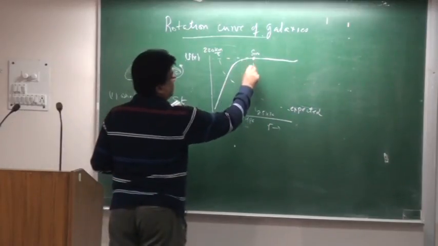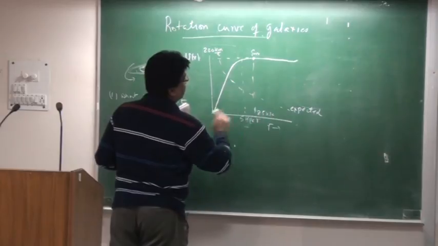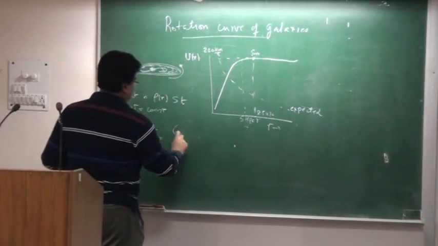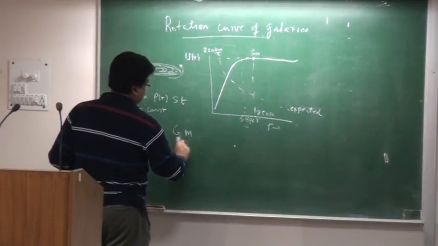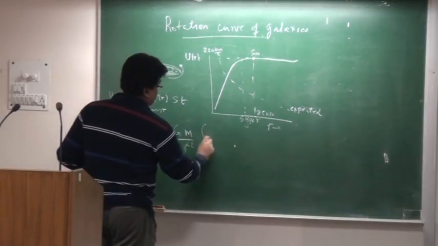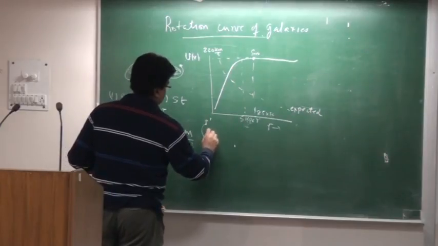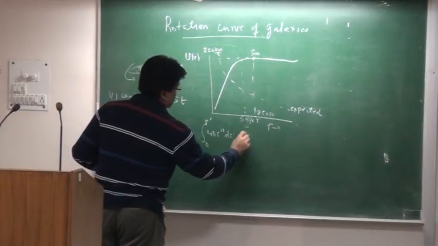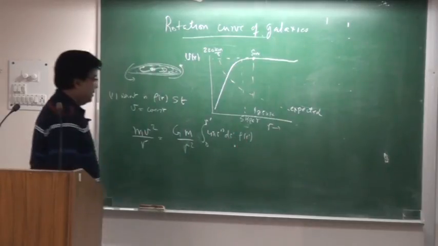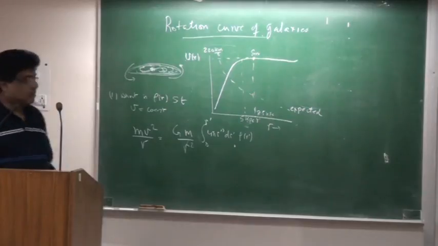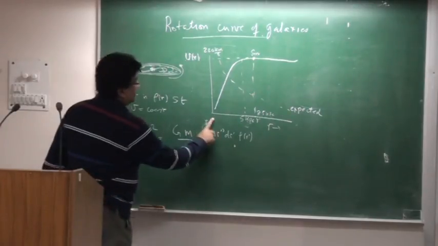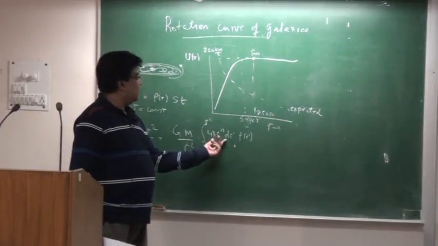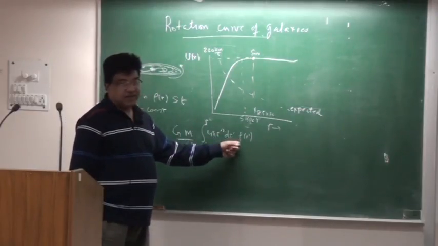so let r be some radius here, and the total mass inside that r is the integral from 0 to r of this volume integral of the mass density.